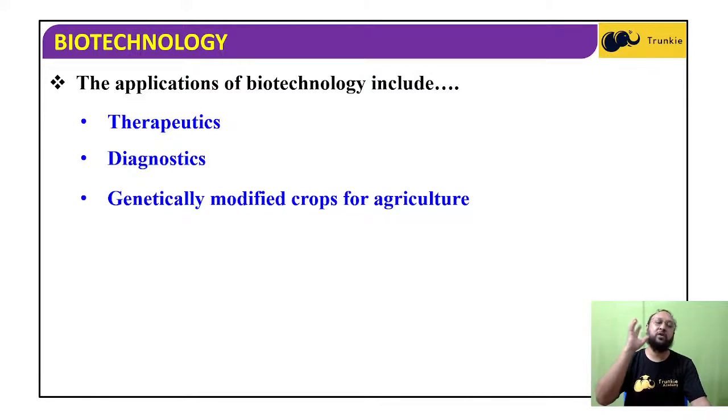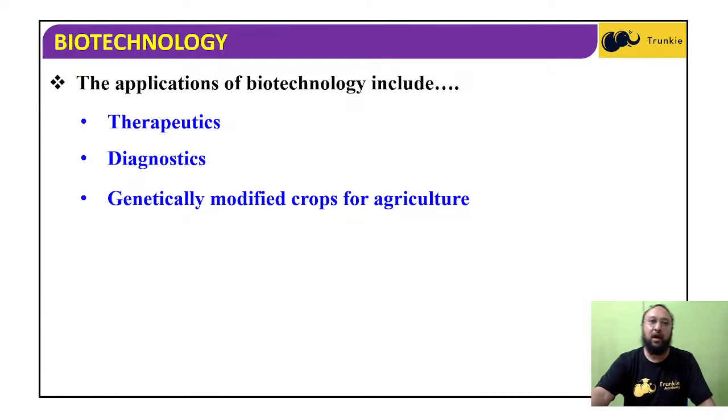We know that certain crops produce good quality grains or fruits, which we need, but there are some plant crops that do not produce good quality fruits. So with the help of biotechnology, we genetically modify those crops to get the desirable trait or character, so that we get good quality fruits, seeds, or grains.